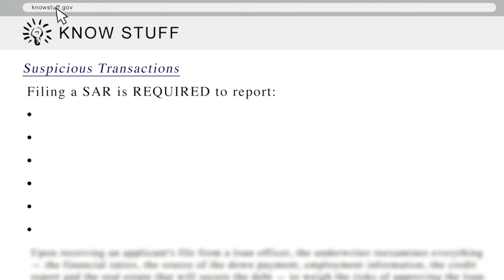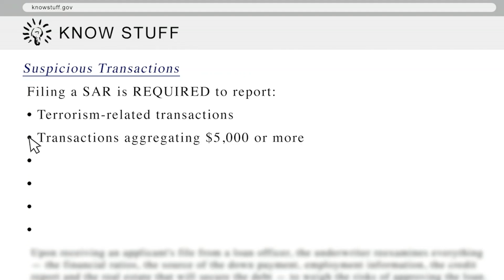Suspicious transactions. You're required to file a Suspicious Activity Report, SAR, with FinCEN whenever you suspect illegal activities that meet the reporting thresholds. Specifically, you must file when a transaction or series of transactions involves $5,000 or more in funds or other assets.